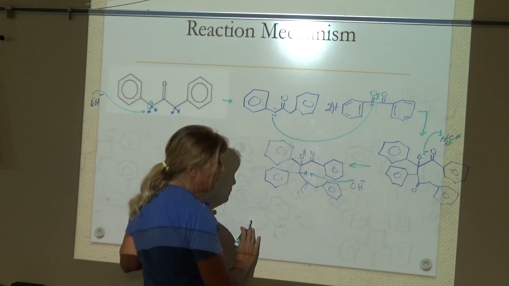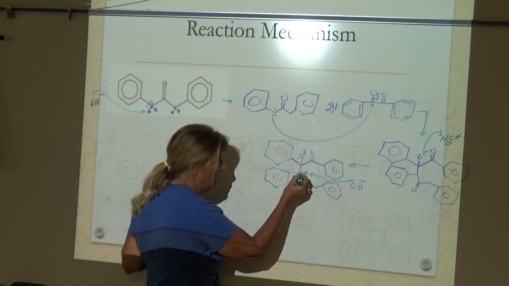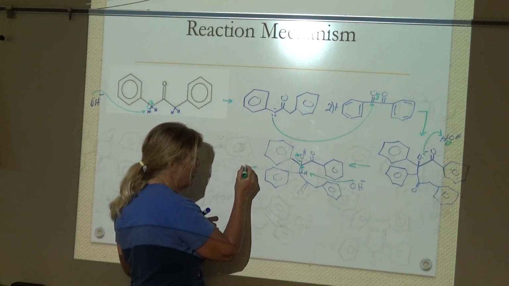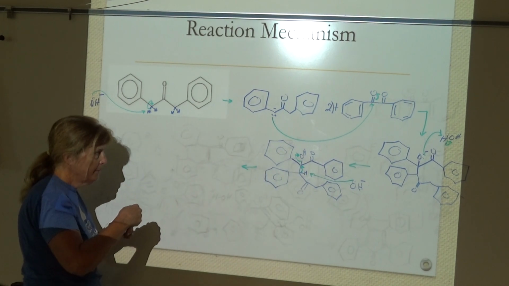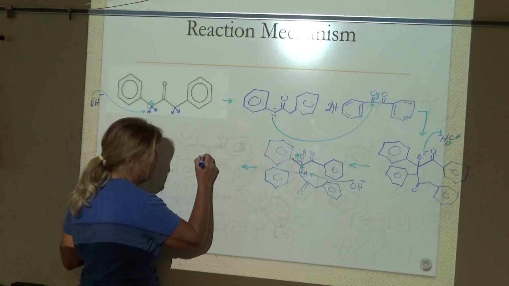So I'm going to have the hydroxide pull off that proton. As the hydrogen accepts a new bond, it lets these electrons go. This carbon then donates them in the pi bond to that one, kicking the hydroxide out as a leaving group. Now it gets even more interesting on how to draw this.